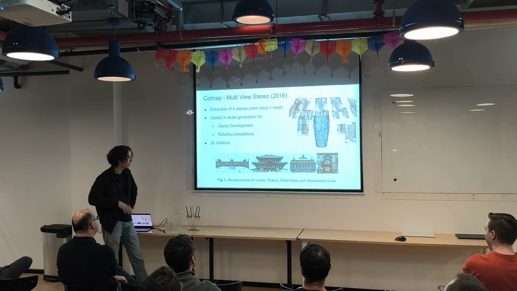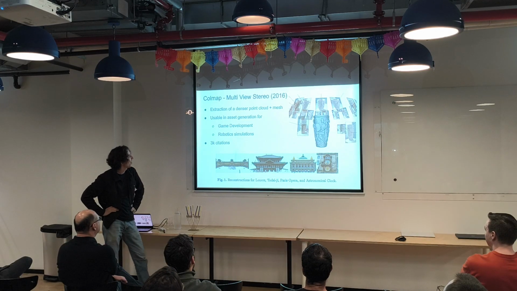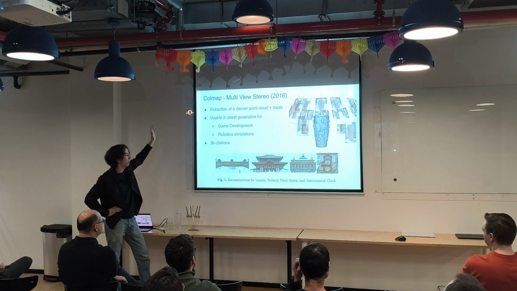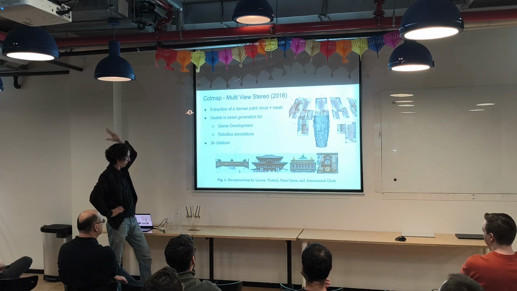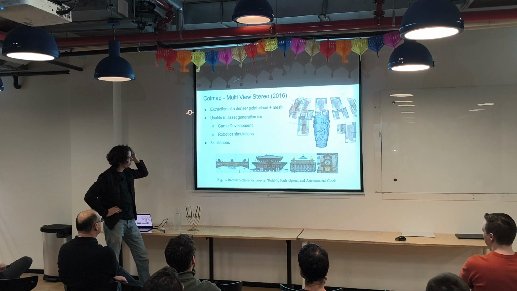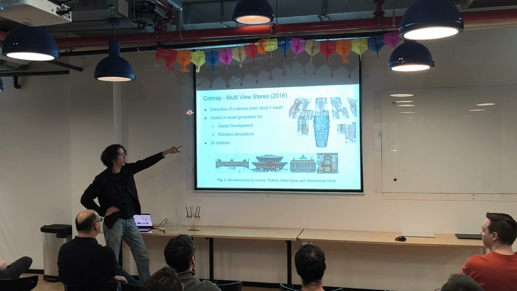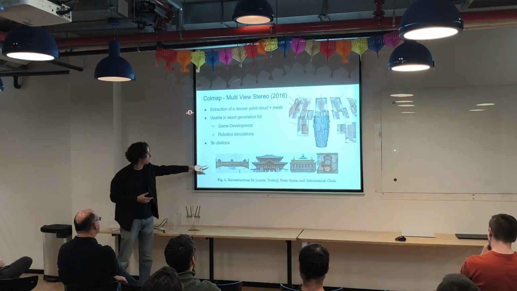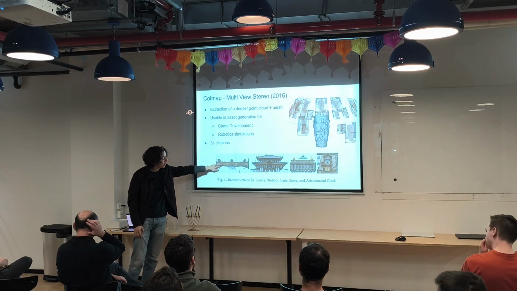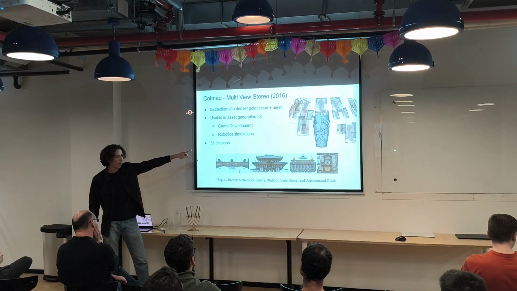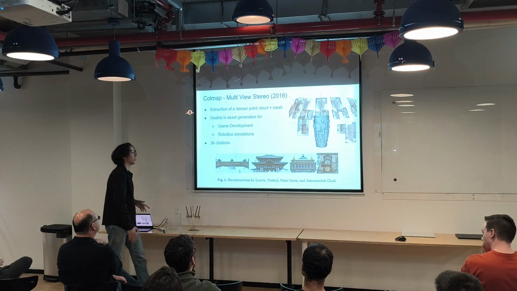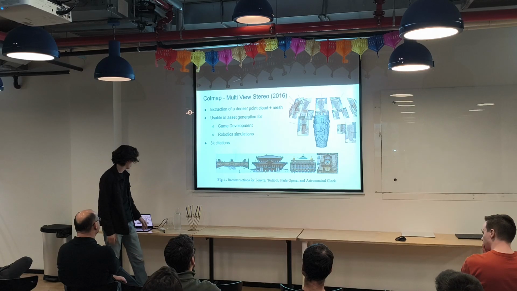Together with COLMAP, they also released the solution to that. It's a set of algorithms called multi-view stereo, which basically solves that problem. We have this very sparse reconstruction from before, but then we can upgrade it into a very dense reconstruction, where we have either a very dense, almost no gaps 3D point cloud, or a full-on mesh that we can then use in downstream applications like game development and robotic simulations.